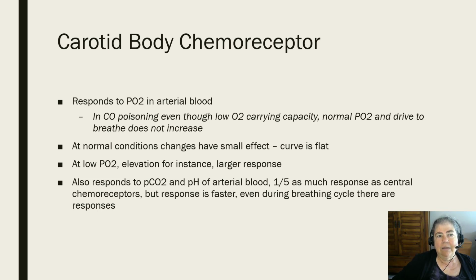And the carotid body chemoreceptors, like the central chemoreceptors, do respond to changes in PCO2, in CO2 levels of arterial blood, which is not what the central chemoreceptors respond to. They respond to changes in CO2 in the interstitial fluid, the extracellular fluid, the CSF. The carotid body peripheral chemoreceptors are responding to CO2 levels and pH of arterial blood.